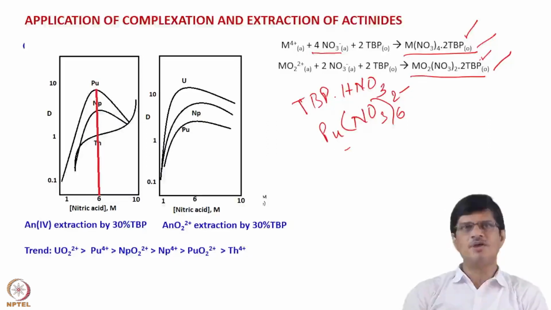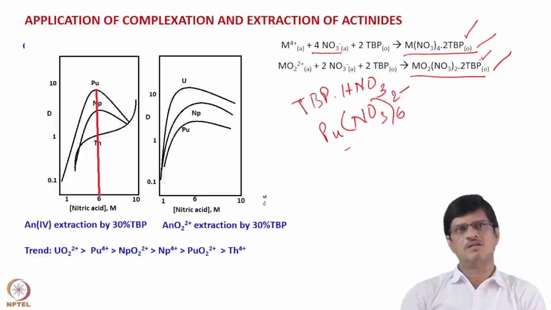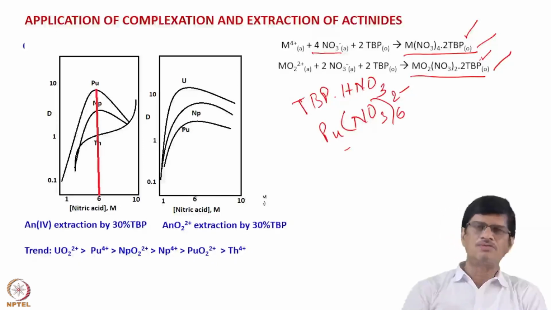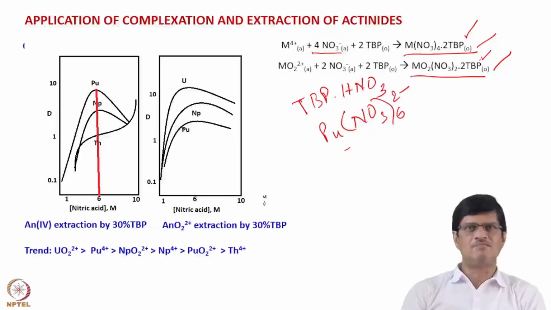And that is the reason why uranium 6 extraction is higher than that of plutonium 4 extraction from nitric acid medium using TBP. Now the extraction of these hexavalent metal ions is given in the right side figure, where you find the uranium 6 extraction is higher than that of neptunium 6, which is in turn higher than that of plutonium 6.